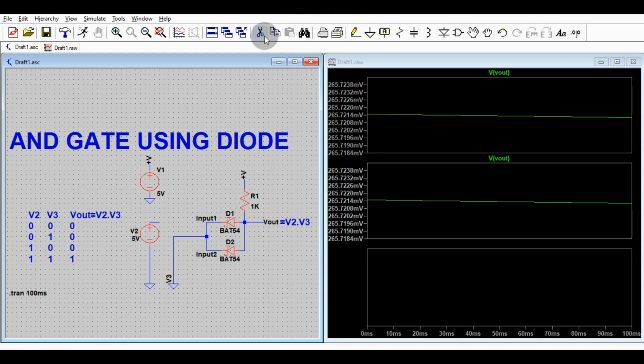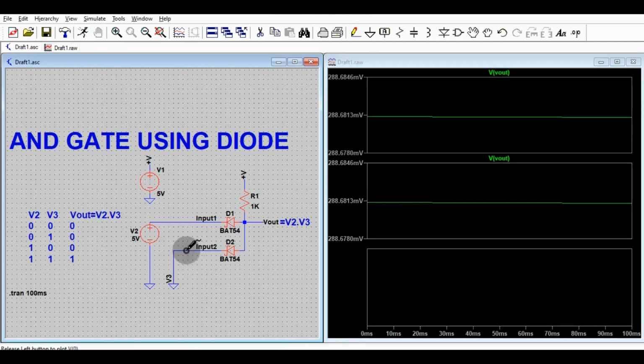Now let us consider the second case. To consider the second case, just delete this, right? In the second case, your truth table says your V1 is 1 and your V2 is 0. So you can connect one input to 5 volt and the other input to 0 volt, and let us run the simulation now.